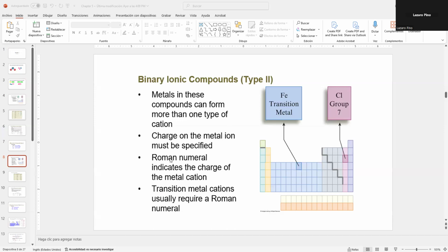We always write the charge of the cation in parentheses using a Roman numeral that indicates the charge of the metal cation. Remember that we use Roman numerals in the case of the binary ionic compounds type 2 when they have more than one type of cation.